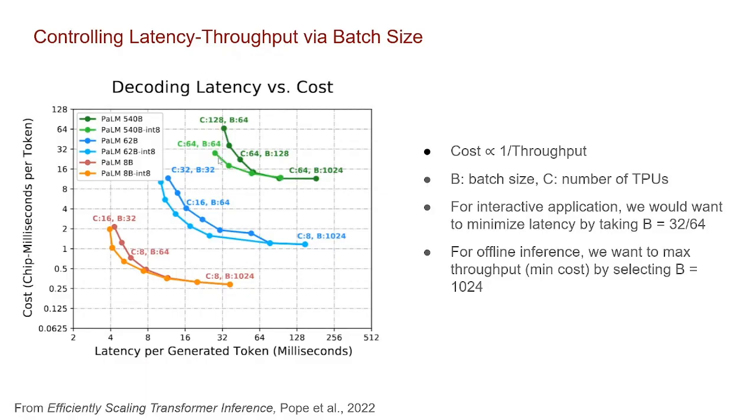Notice how the curves are better for the quantized version of the models. So for every particular point, the quantized version has lower latency and higher throughput. The performance benefit comes from the fact that the decode phase is usually memory bound, so if, because of quantization, the memory footprint of weights and activations is smaller, there's less to move around in memory.